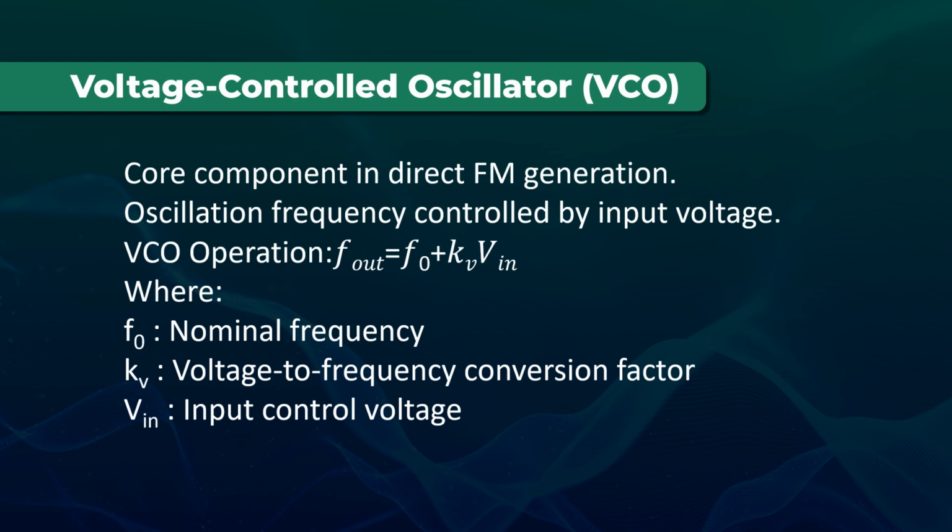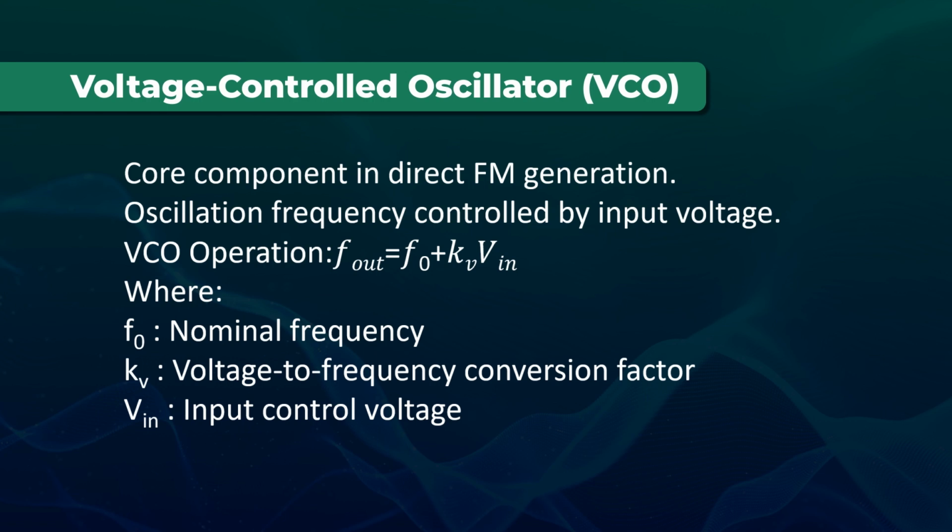The relationship between input control voltage V and the output frequency F_out of the VCO can be expressed as F_out = F0 + kV × V_in, where F0 is the nominal frequency of the VCO, kV is the voltage to frequency conversion factor, and V is the input control voltage.